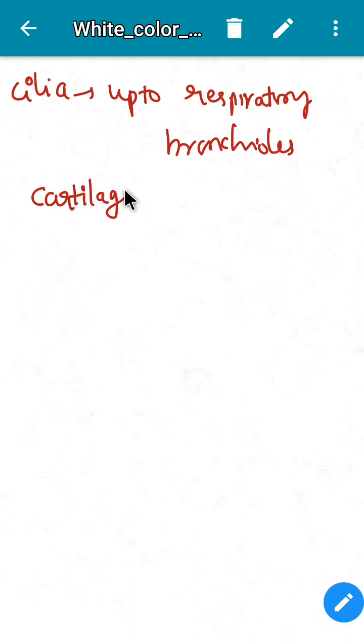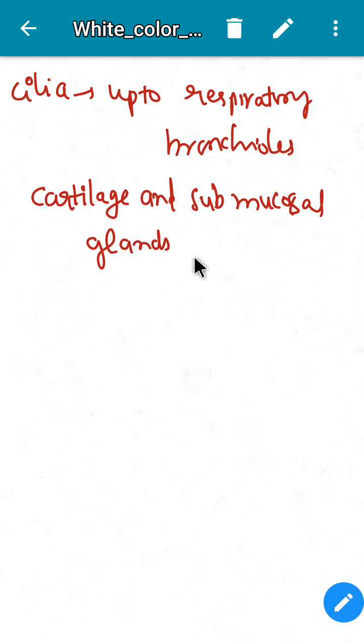Cartilage and submucosal glands are present up to the bronchi.